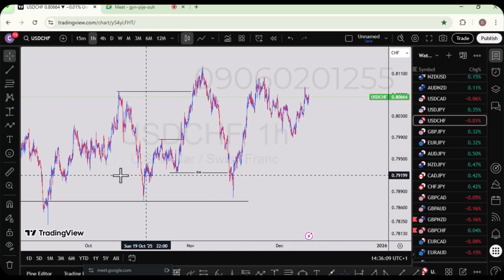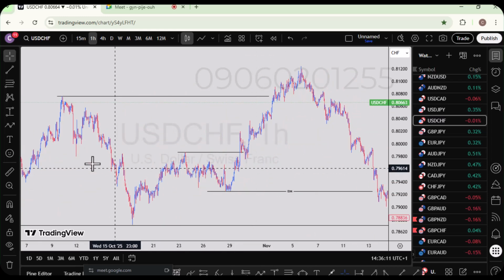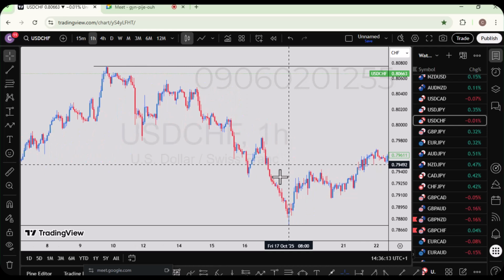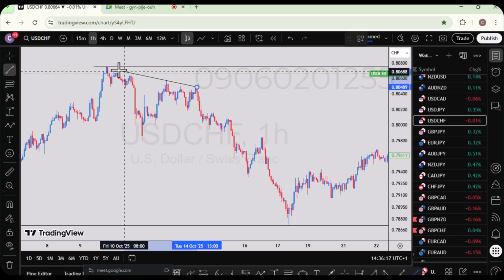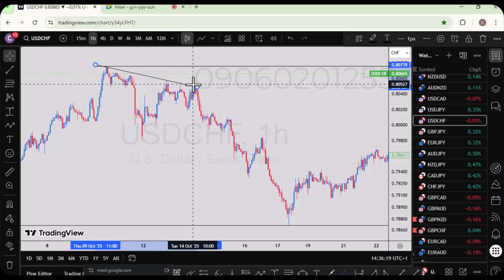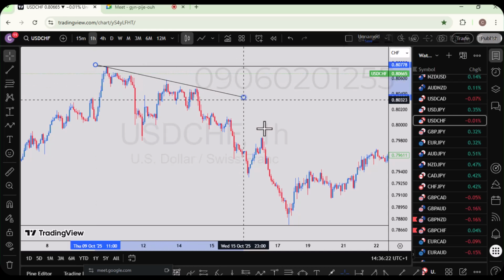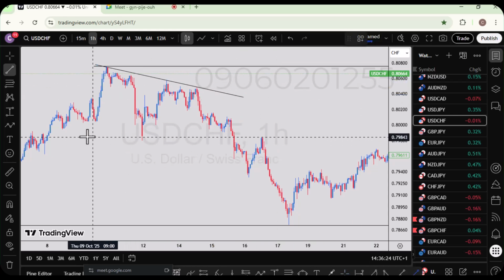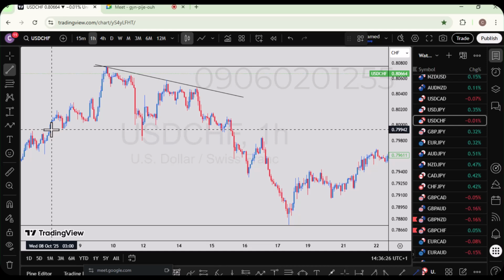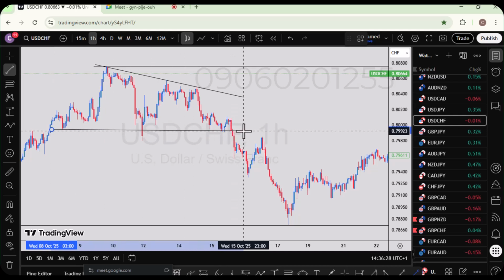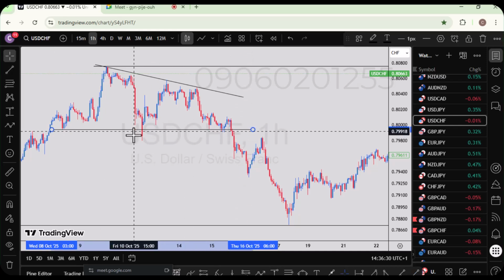For example, right here now, there's one, but it's an advanced one. When I say advanced, it means the base is having some false breakout move. You can see how price broke this level.